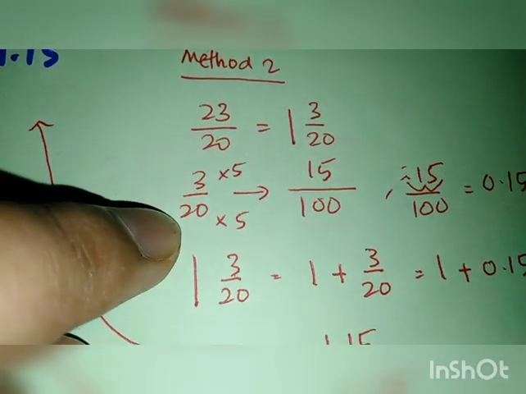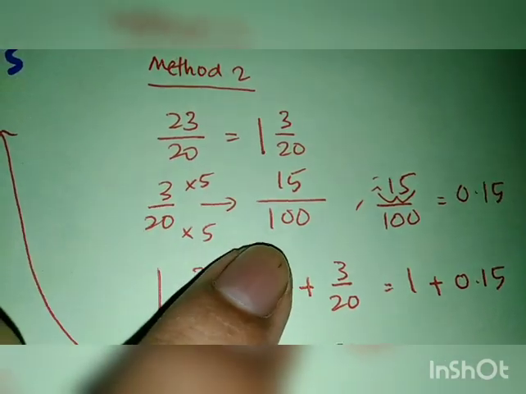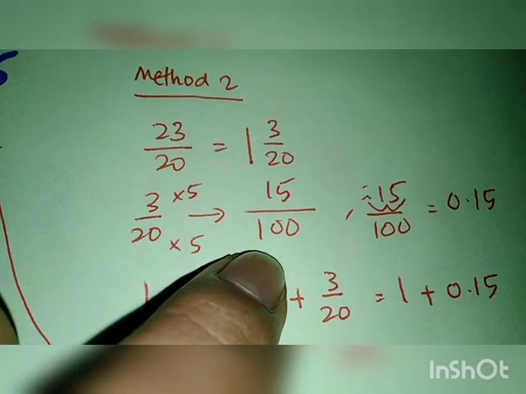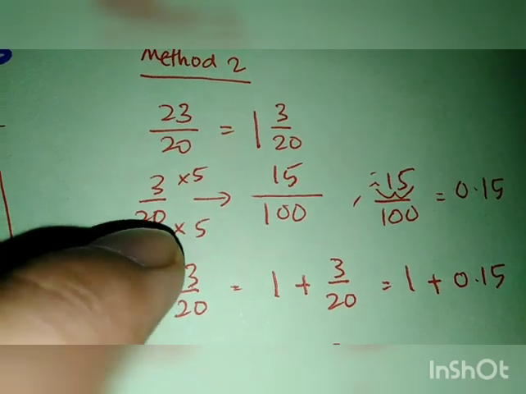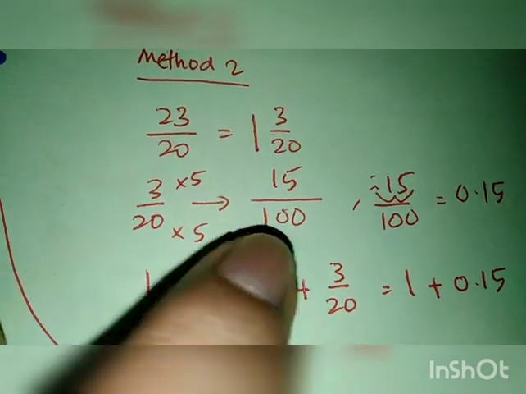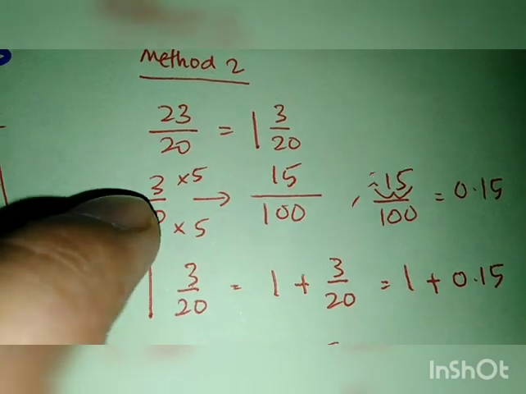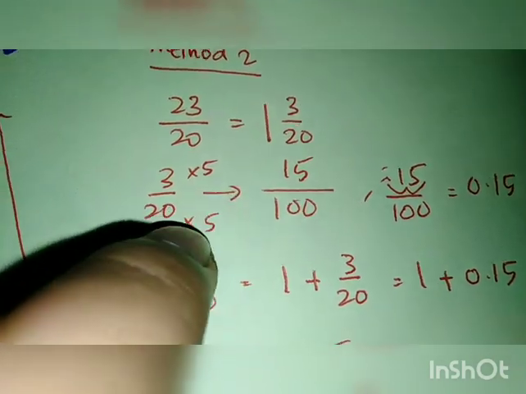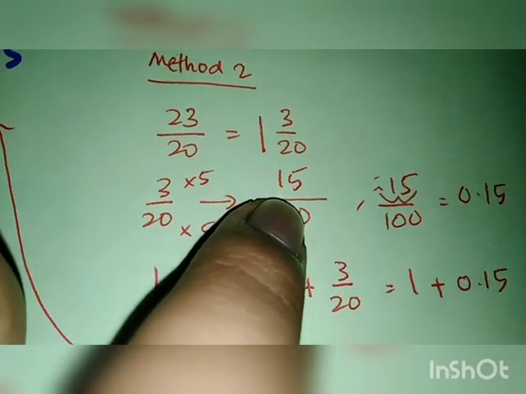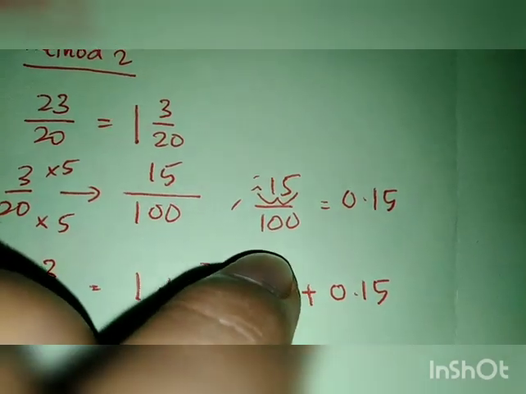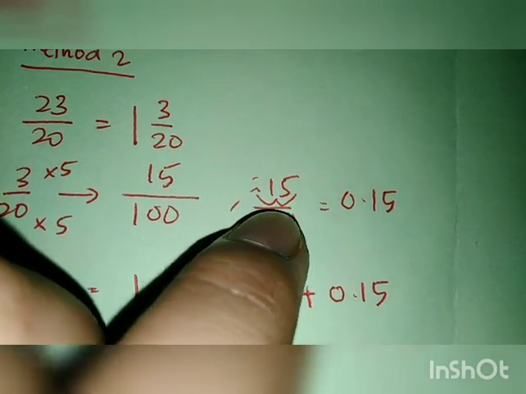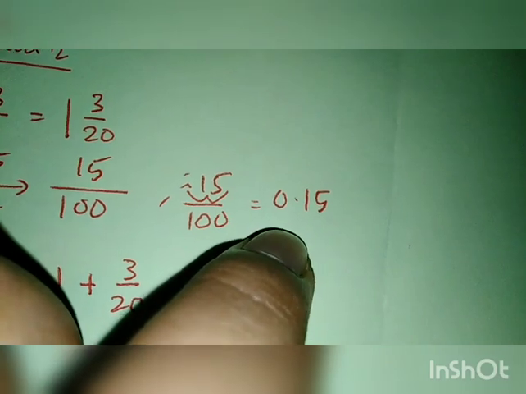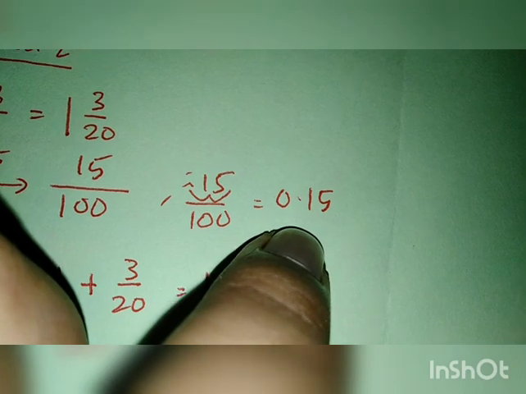So 3 over 20, it cannot be the nearest 10. So how about the nearest 100? Can 20 become 100? Yes. 20 times 5, you will get 100. So when the denominator is multiplied by 5, the numerator also needs to be multiplied by 5. So 3 times 5, you will get 15. So 15 over 100 is equal to, there are 2 zeros here, so you need to move 2 places to the left. So you get 0.15.